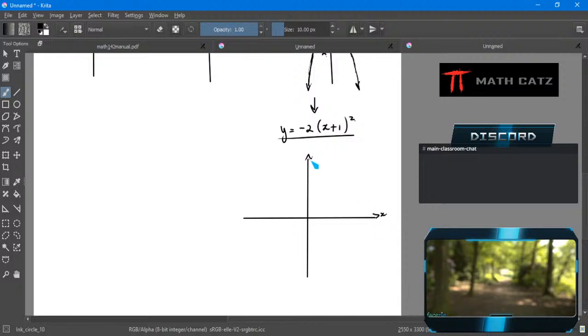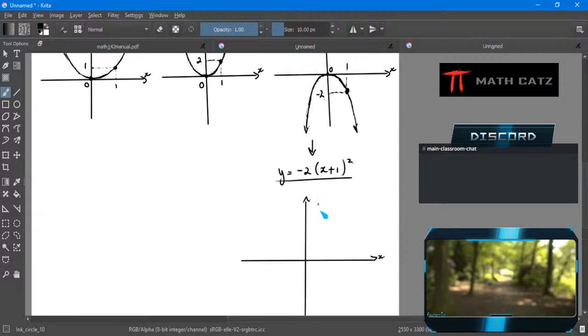So now it's replacing x with x plus 1, so that means that it's a horizontal shift to which side? Who can tell me to which side it shifts horizontally? Anyone at all? Left. Perfect.